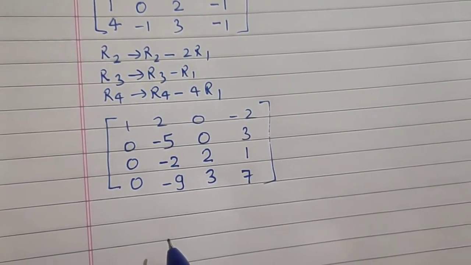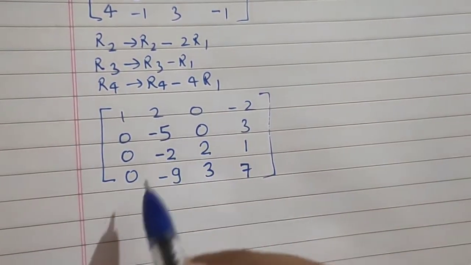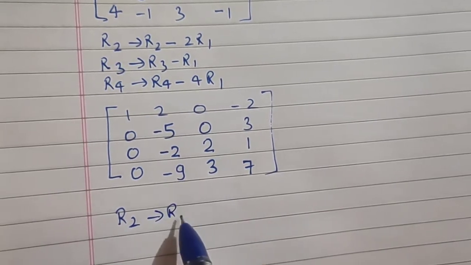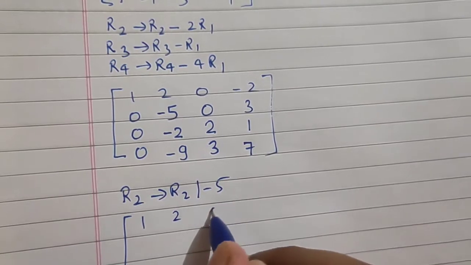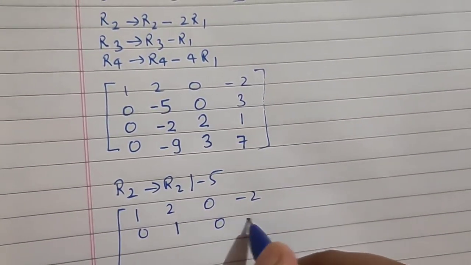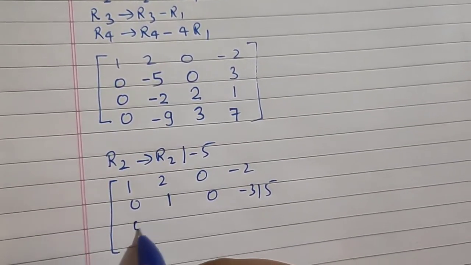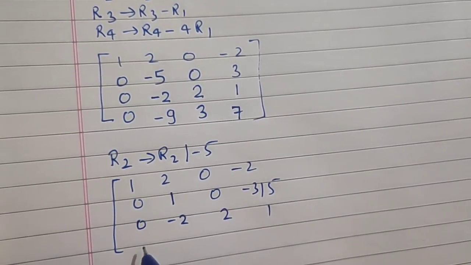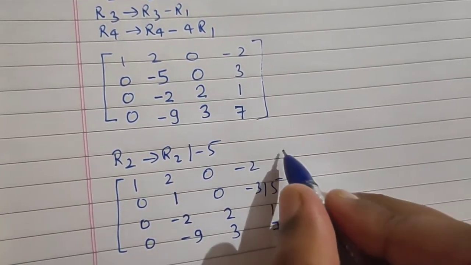Now what we can do is we can take out -5 from the second row, so we can write R2 to R2 divided by -5, and the matrix will look like 1, 2, 0, -2; 0, 1, 0, -3 by 5; then we have this 0, -2, 2 and 1; and 0, -9, 3 and -7.